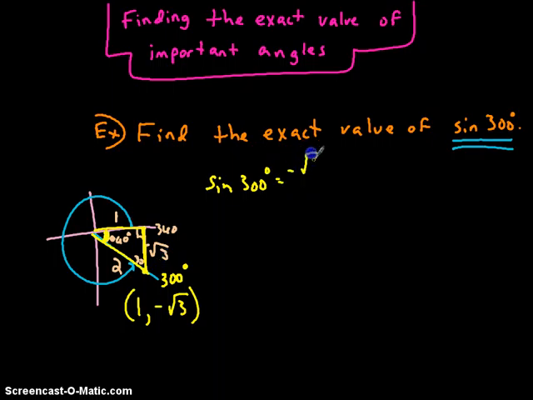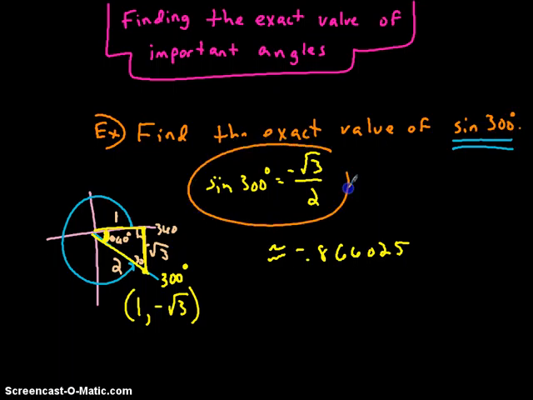If you plug negative square root of 3 over 2 into the calculator, you find that it's about negative 0.8660025. But this is exactly what it is. This is the answer we want. So this is sine of 300, the answer we're looking for.